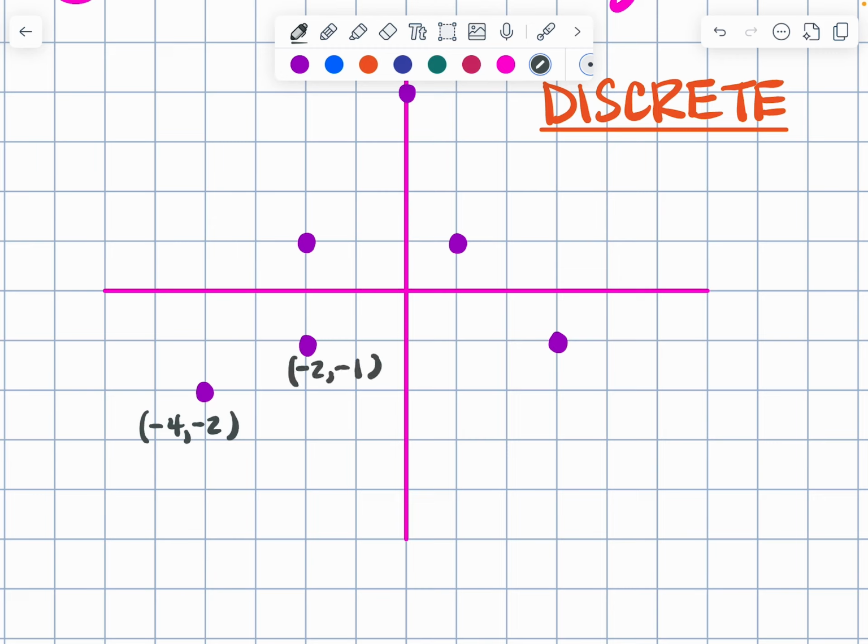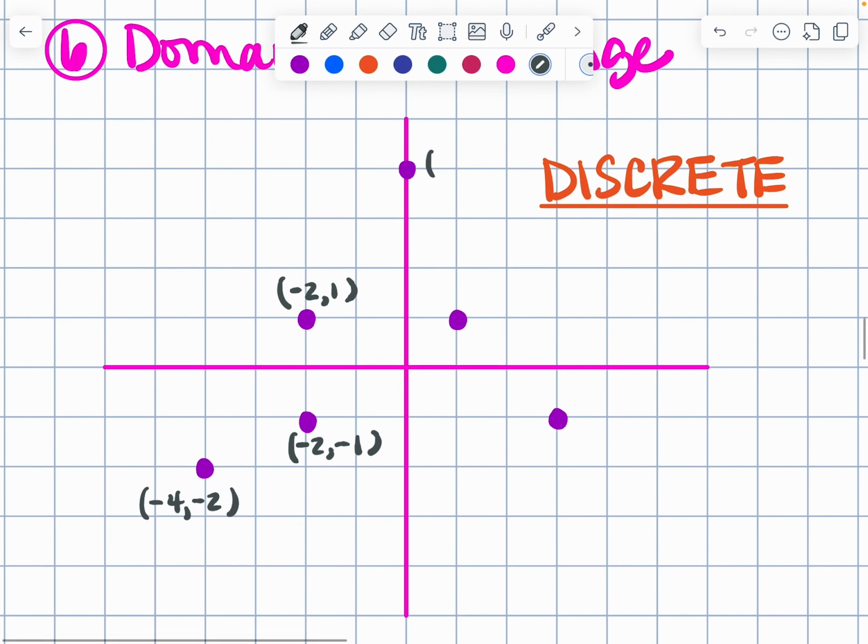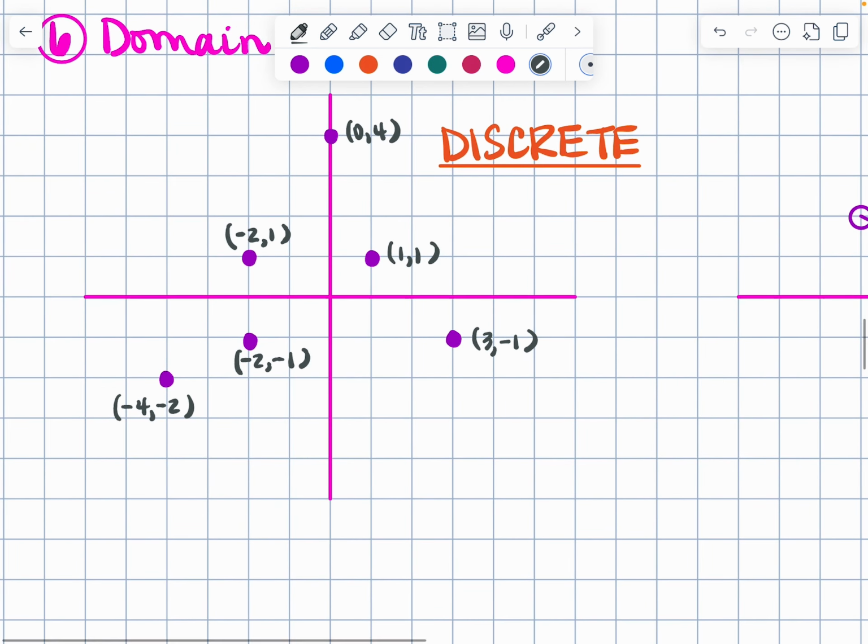And this point is -2, -1. This point is -2, 1. This point is 0, 4. This point is 1, 1. And this point is 3, -1.